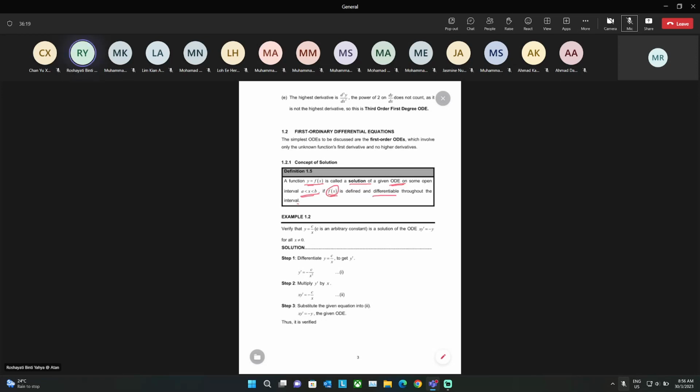So for example, you have a function, okay, apa-apa function, a equal to 2b for example. So it's called a solution for any differential equation. A differential equation is something that in the real world you have changes, in terms of suhu, temperature in a classroom, for example.